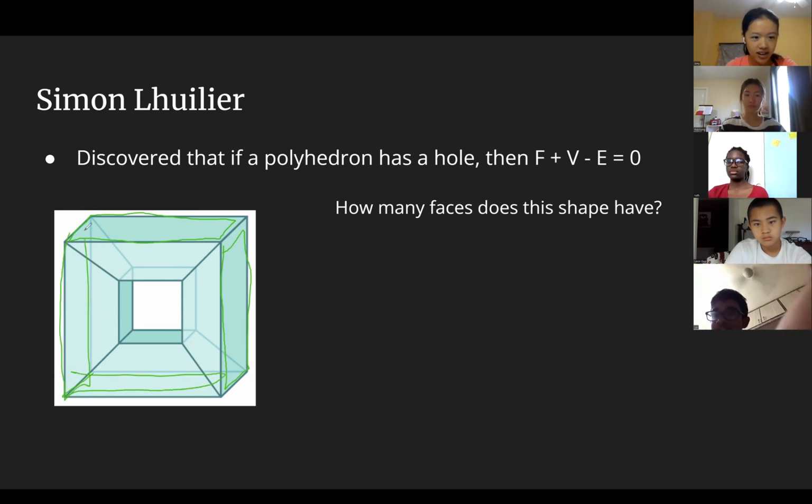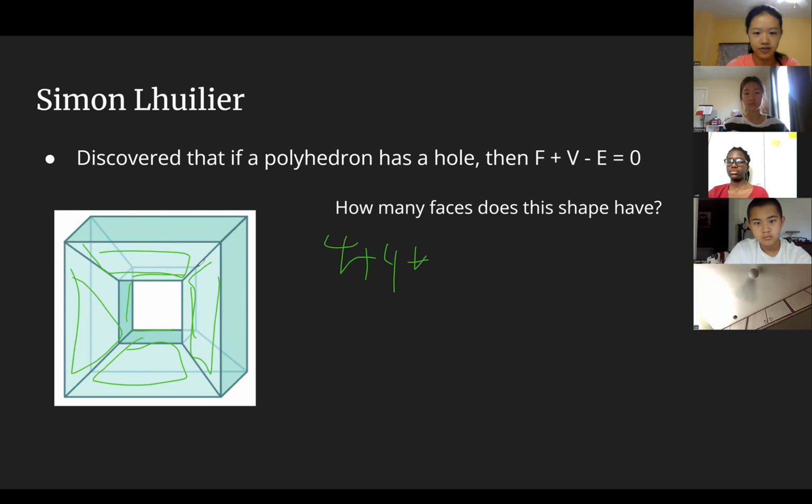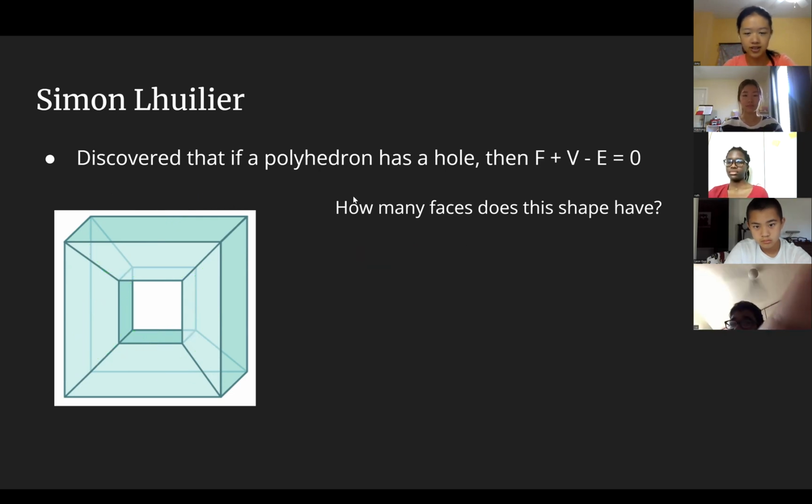So we have 4 of those outside faces. Next we have those 4 on the inside, so that's another 4. Then you have these 4 trapezoidal faces on the side, which is another 4. And then another 4 faces on the other side of the shape. So in total, you will have 16 faces.